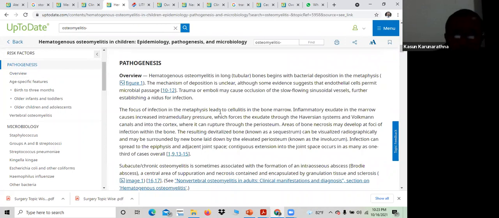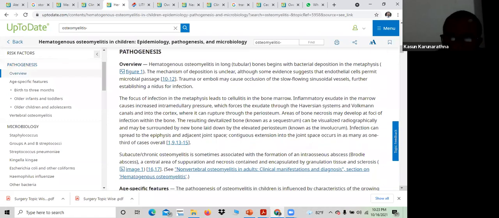Focus of the infection in the metaphysis leads to cellular disease in the bone marrow, right? Inflammatory exudate in the marrow causes increased intramedullary pressure, which forces the exudate through the Haversian system and Volkmann canals into the cortex, where it can rupture through the periosteum. That is what happens, right?